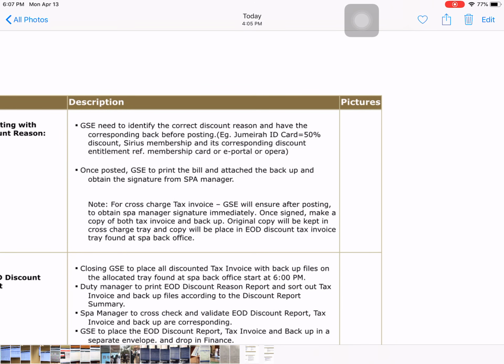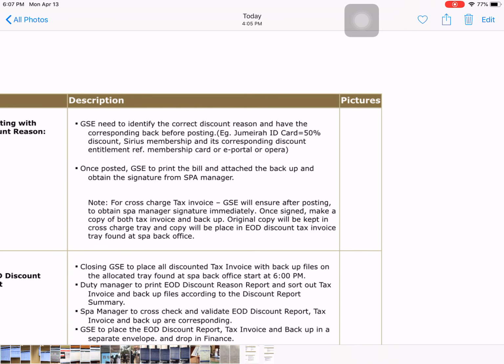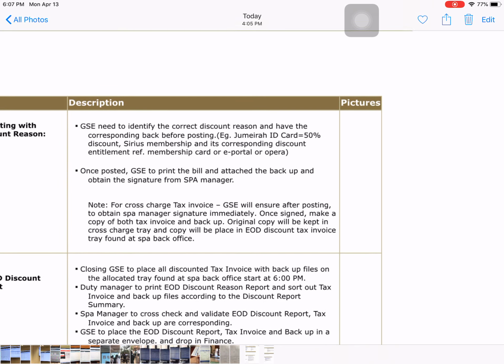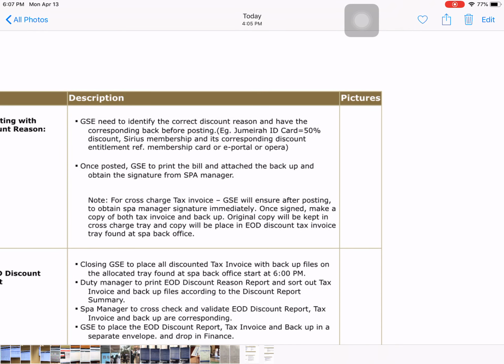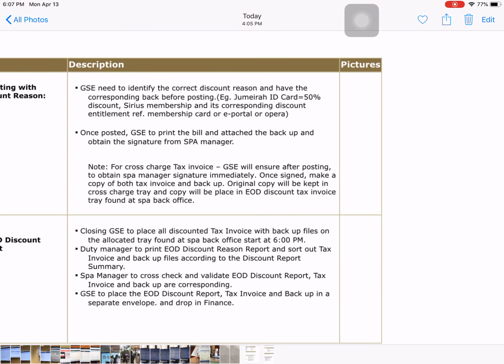Once signed, make a copy of both the tax invoice and backup. The original copy will be kept in the cross-charge tray, where it's located, and the copy will be placed in the end of the day discount tax invoice tray at the spa back office, right?